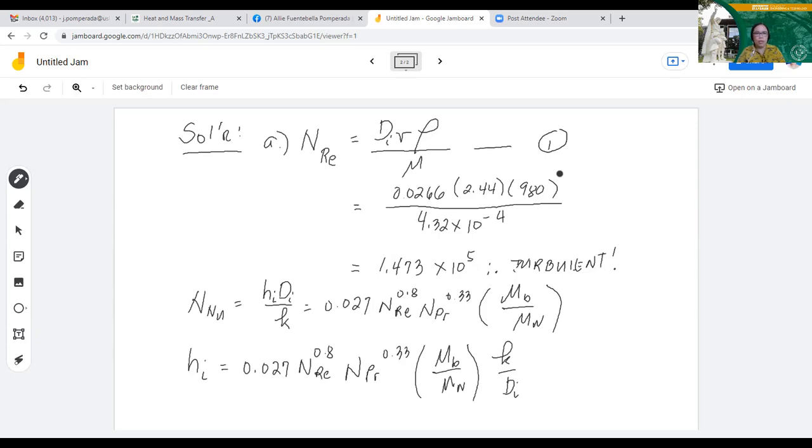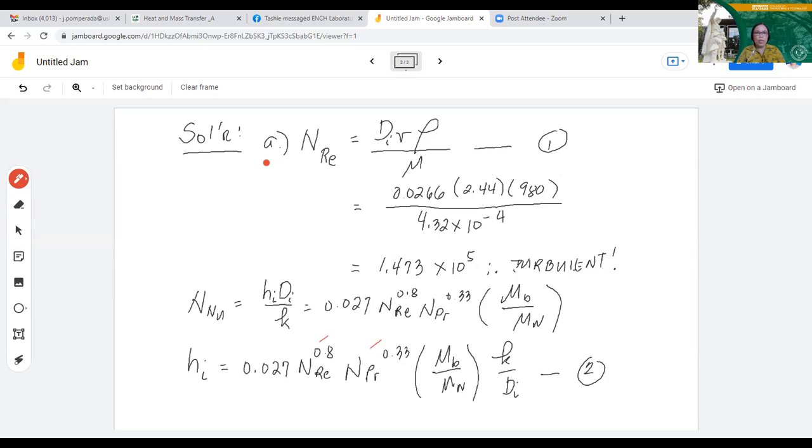And this is our second equation. Now, let's check in our second equation what we know and what we still do not know. Okay. Now, we have already the Reynolds number. We have already the Prandtl number underlined a while ago.